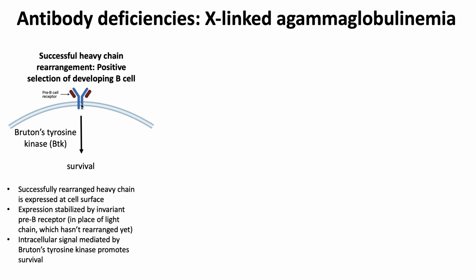When this happens, this sends a survival signal into the cell that tells the cell that a successful rearrangement has occurred. And one of the key molecules that mediates this survival signal is Bruton's tyrosine kinase, which also happens to be expressed on the X chromosome.